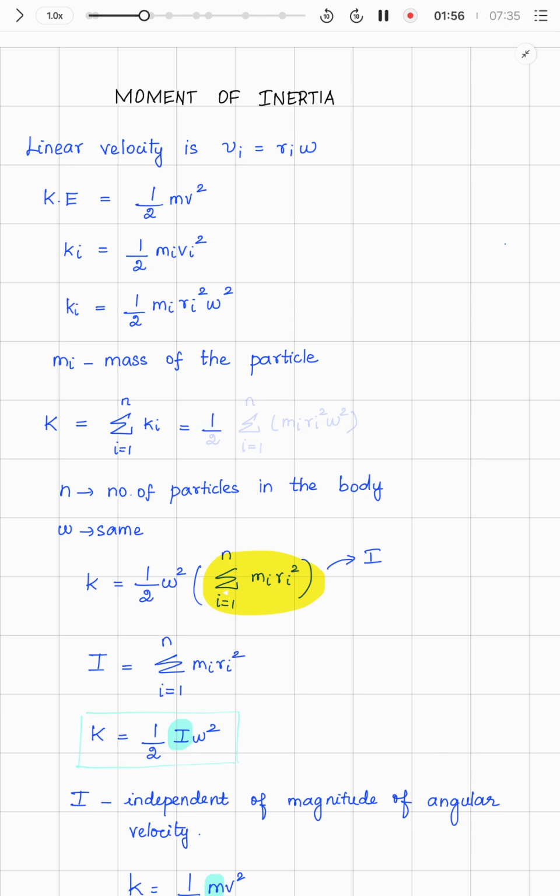Since half is constant, we can take it outside and we can write the remaining terms. Summation i is equal to 1 to n mi Ri square omega square. Here n is the number of particles in the body.